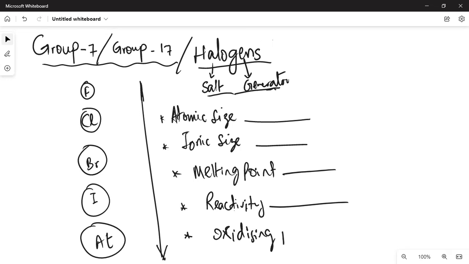Oxidizing power or oxidizing ability. इनको हम मिलके डिस्कस करते हैं.